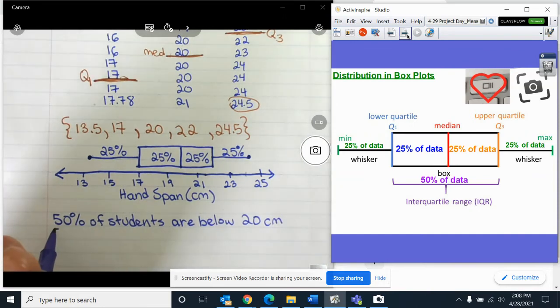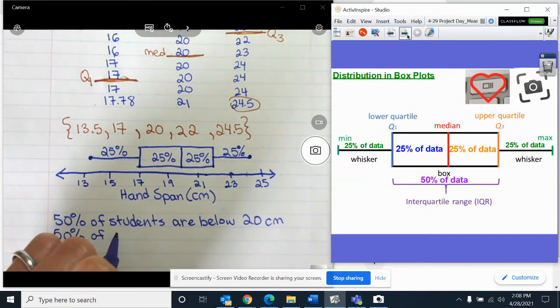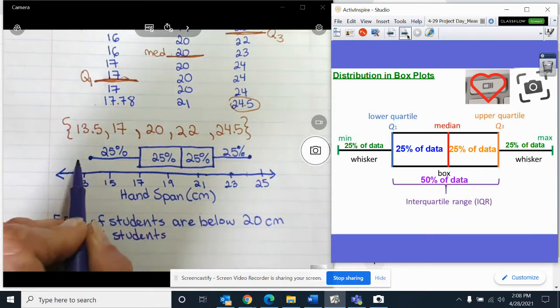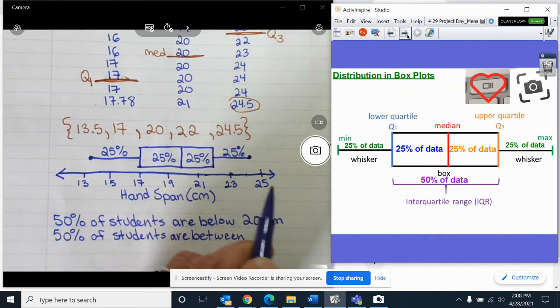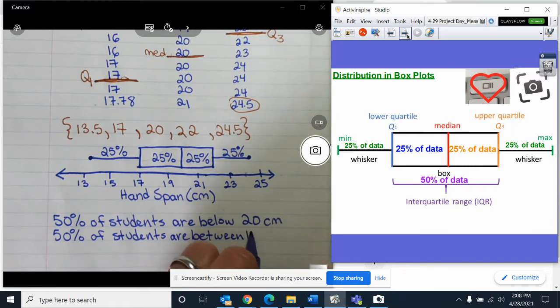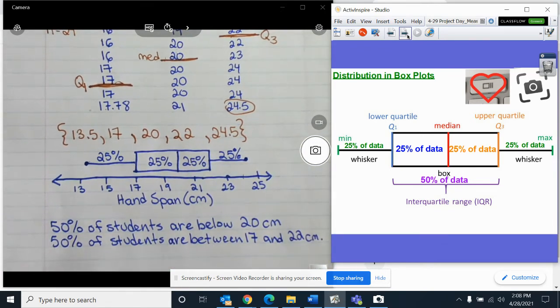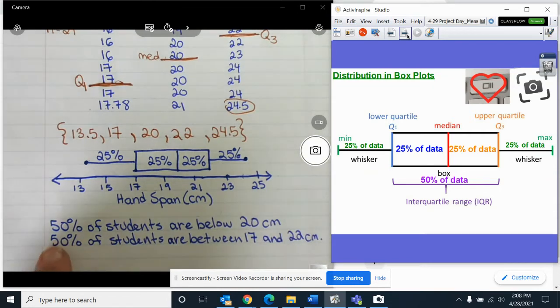We could also say that 50% of the students in 6th hour are between 17 and 22 centimeters. That is another interpretation.